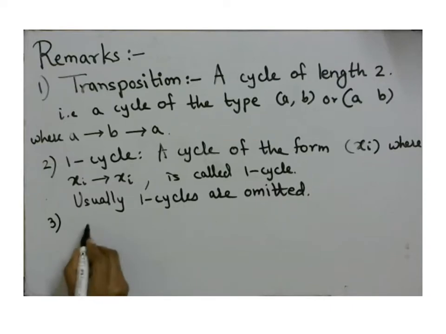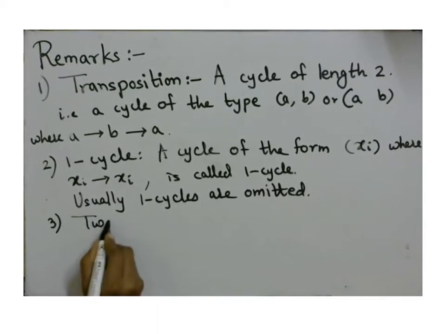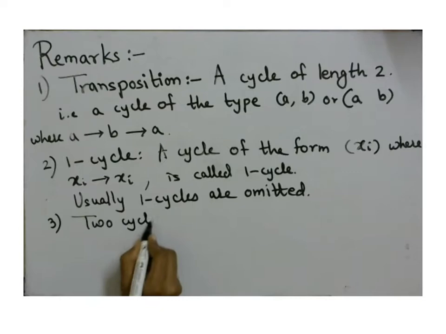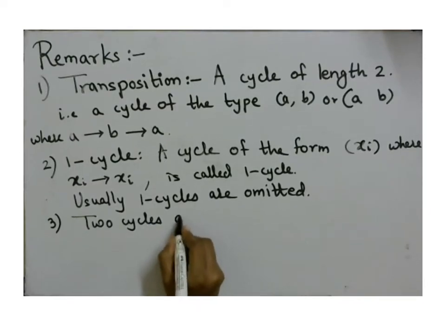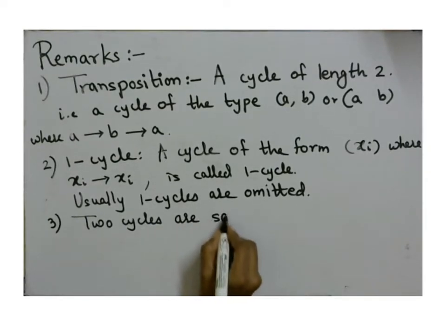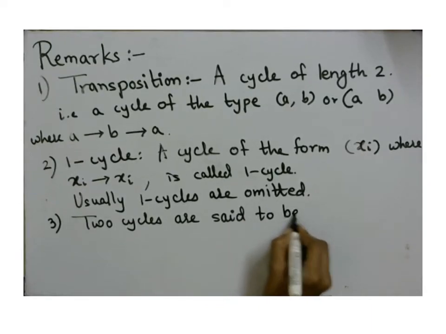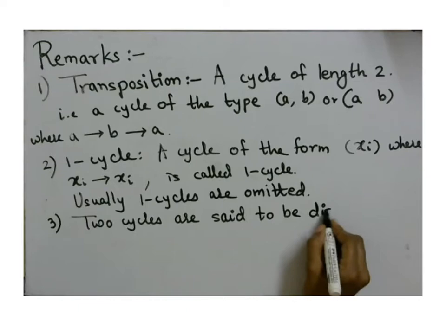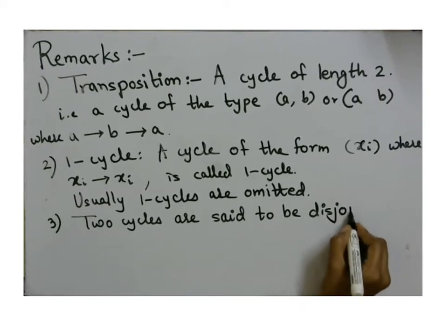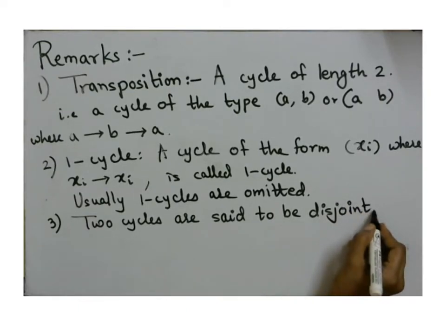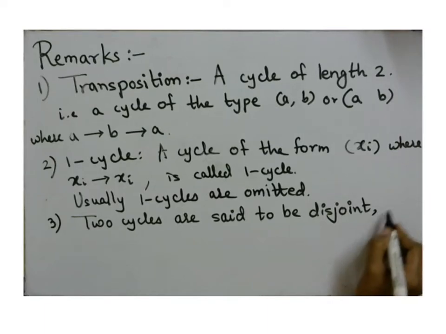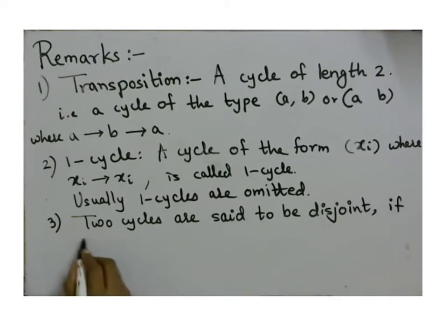Third remark, two cycles are said to be disjoint if they have no element in common.